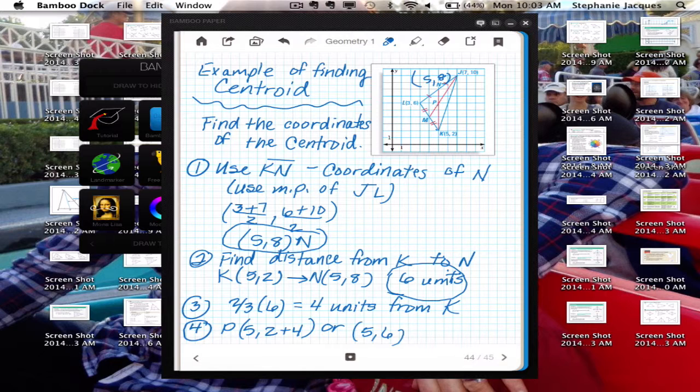Going right up there. So I know that my centroid has an x of 5 because it's straight above K and under n. But I'm going to add those 4 units to the original K point for the y. Then that'll give me 5, 6 for my centroid, my P point.